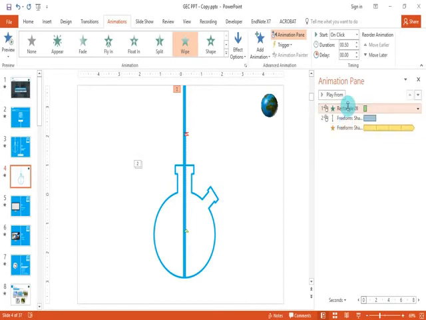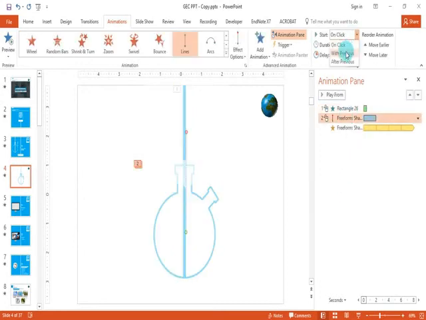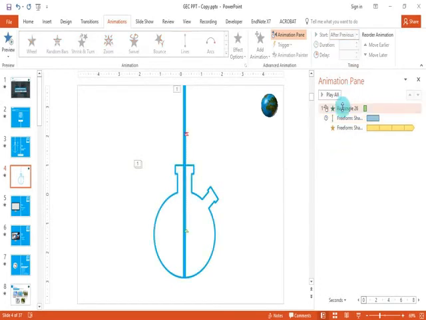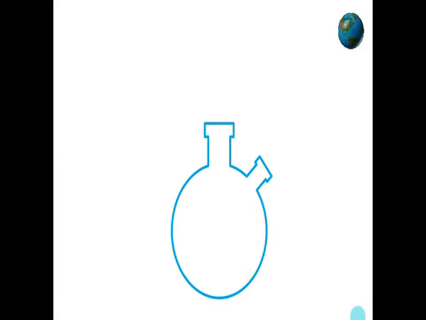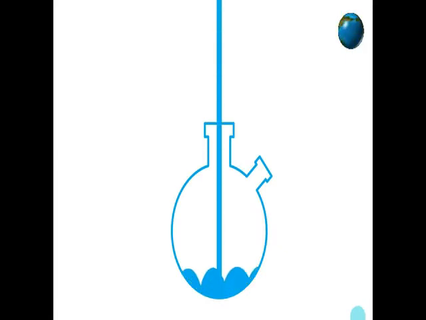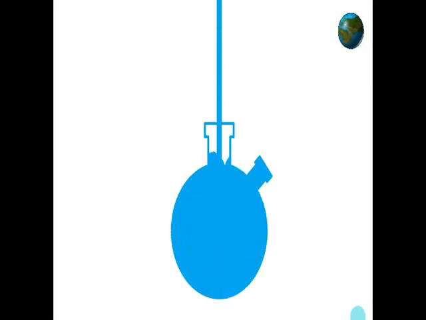So I'm going to drag it upward like this, and then I'm going to click on the second animation and then click on its start button and select the after previous option. So once we have done it, we can have a look at it. Now I click and you can see that water is falling, and this liquid is actually filling up this flask.